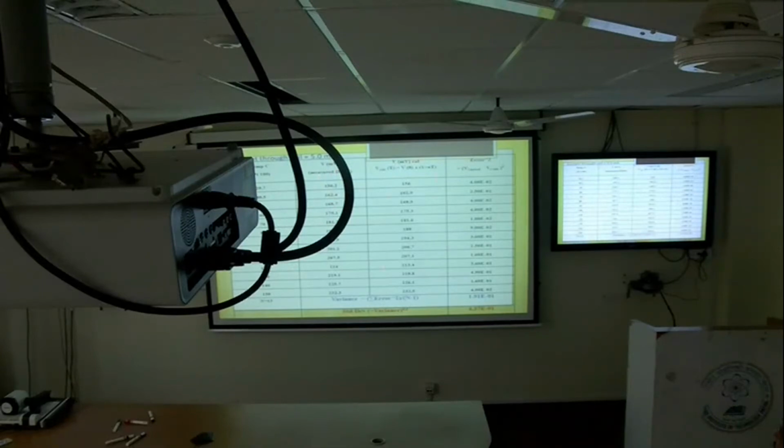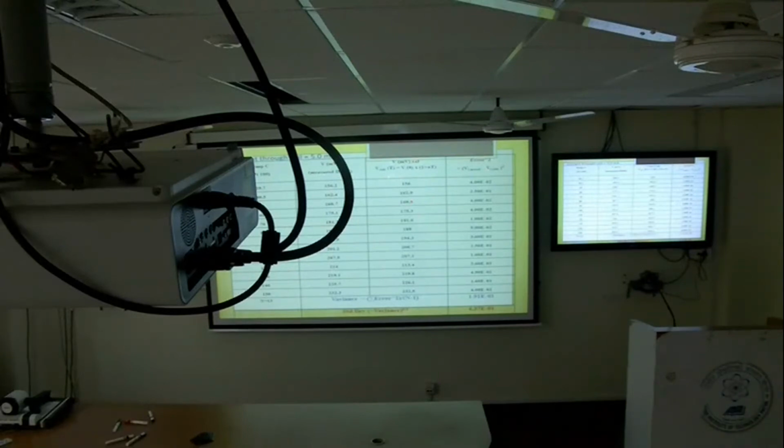The other one is the measured value, and this is the calculated value. We also find the difference between the calculated value and the measured value. How it comes, I will show you on the next slide. Just have a look at that.